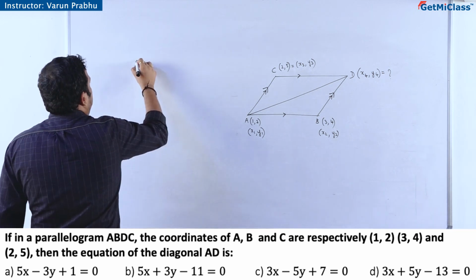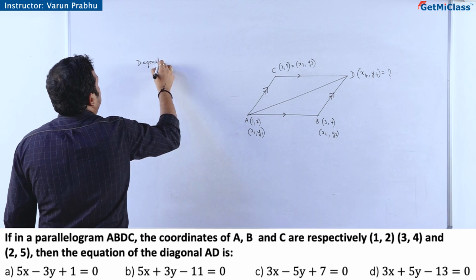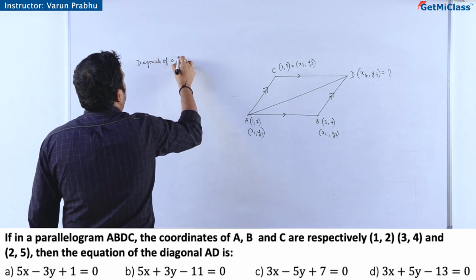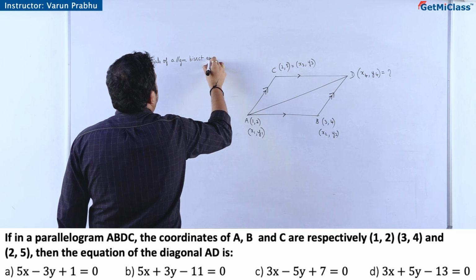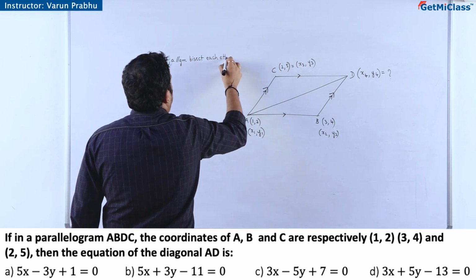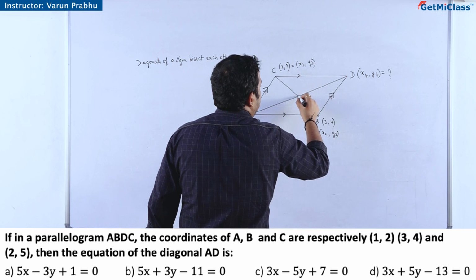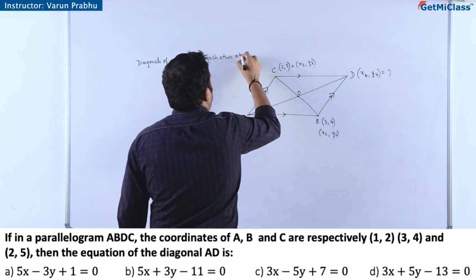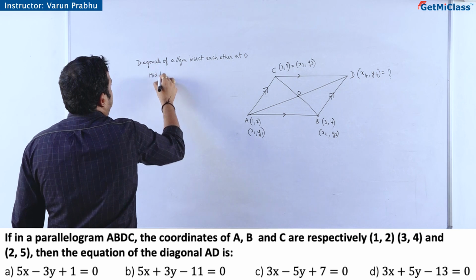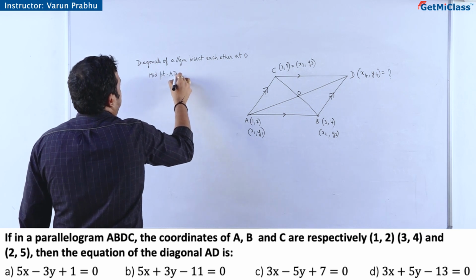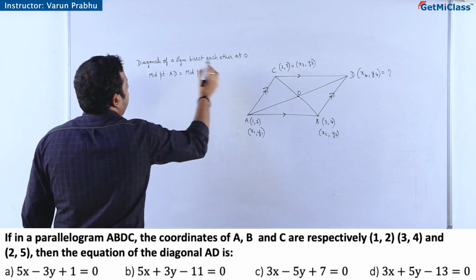We know that diagonals of a parallelogram bisect each other, right? They bisect each other at O, like this. That is, the midpoint of AD should be equal to the midpoint of BC.